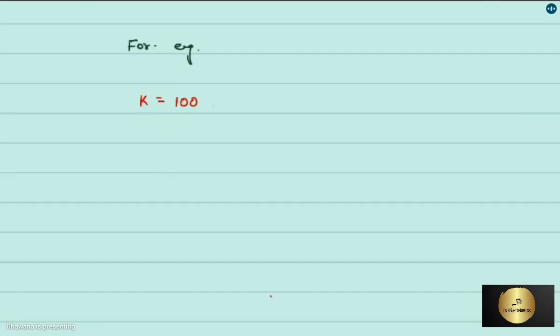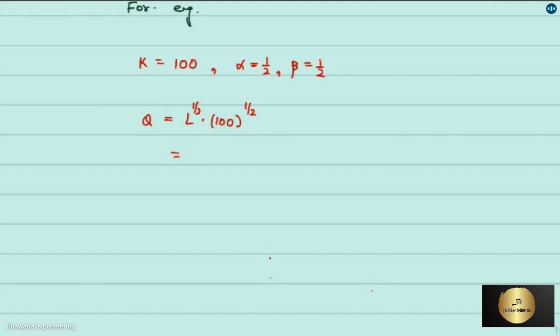You have the same function, and you have alpha equal to 1 by 2 and beta equal to 1 by 2. Then your Q is equal to L to the power 1 by 2 and K, which is 100, to the power 1 by 2. So you will get, half power of 100 is 10, so 10 L to the power 1 by 2.